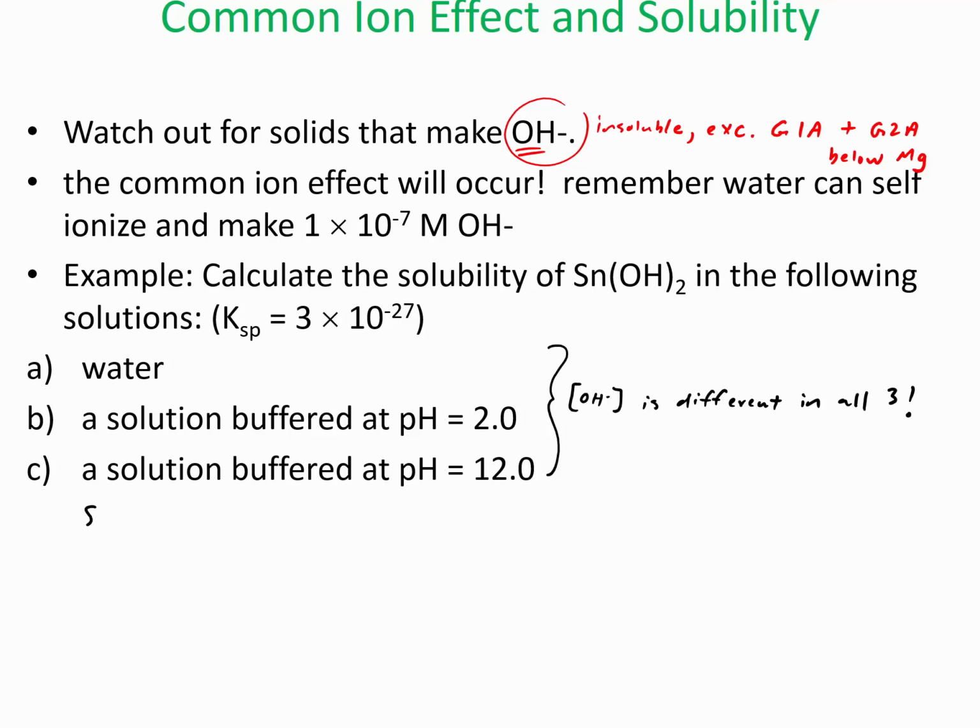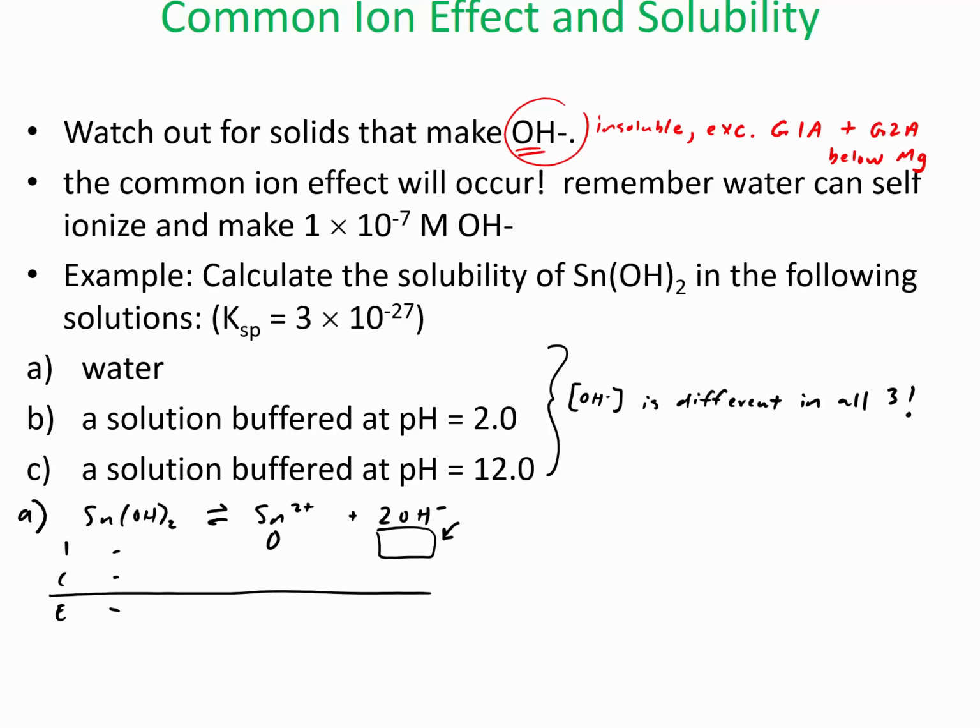So if you have tin hydroxide, it's going to make a tin ion and 2 hydroxides. So this is going to be 0, but I'm solving problem A, by the way. But this number right here is 1 times 10 to the negative 7th because it's neutral water.